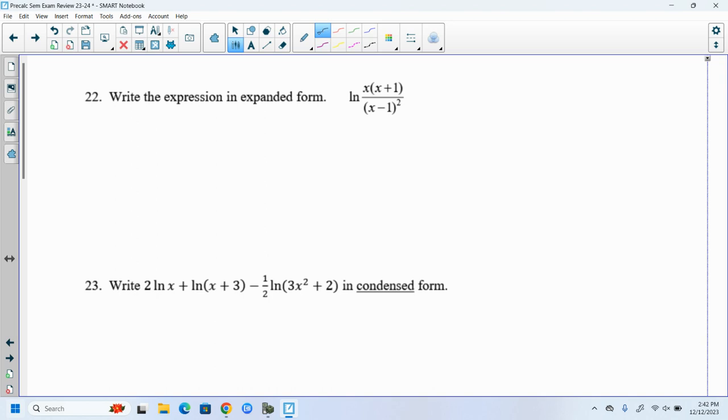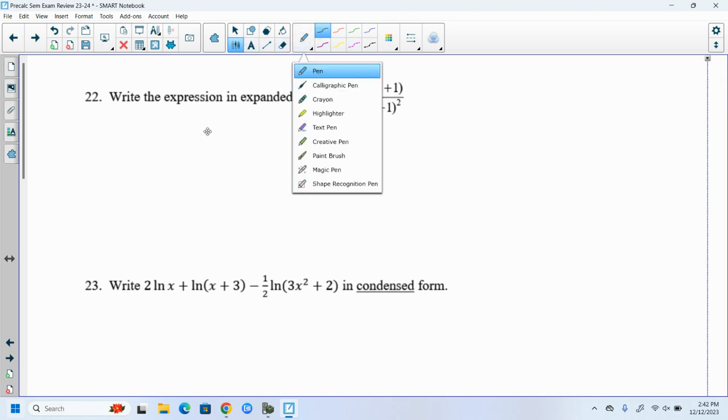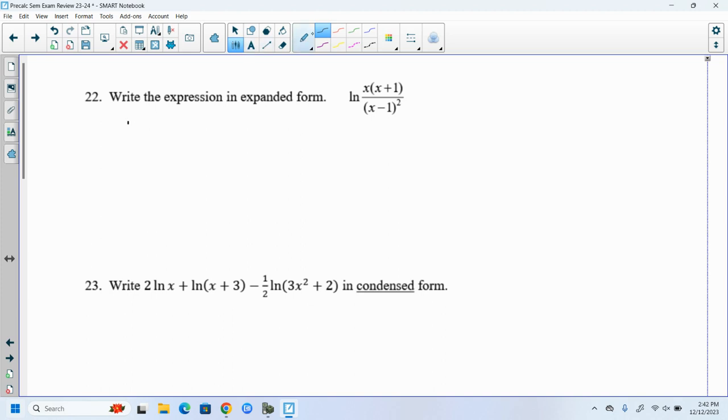Well, when we have a division problem or a quotient, we can write that as a subtraction problem. So that is going to be the natural log of the numerator, which is x times x plus 1, minus the natural log of x minus 1 quantity squared.